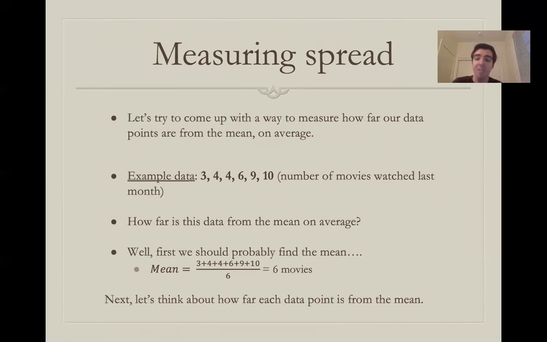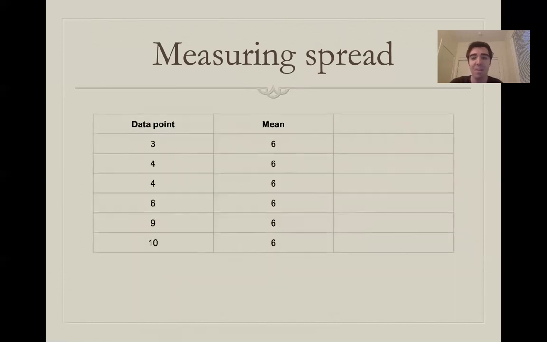Now let's think about how far each of our data points is from the mean. I want to make a little table here. I've listed out all of our data points, 3 movies, 4 movies, 4 movies, 6 movies, and so on, and I've just copied the mean down for each data point. What I want to know is how far each of these data points is from the mean. So I'm going to create a new column and subtract across.